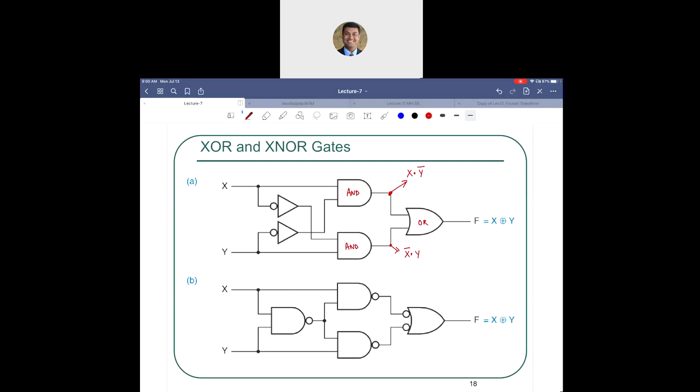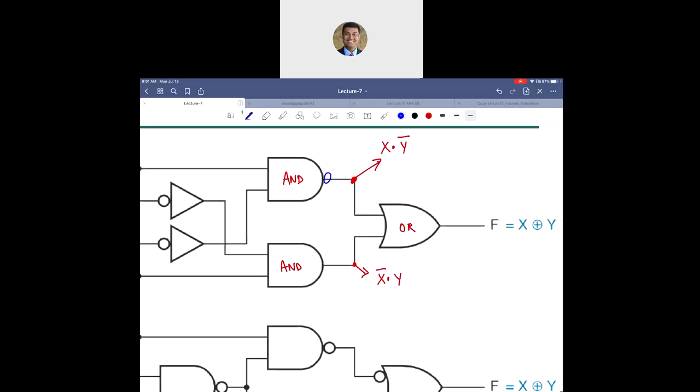Now if I start adding bubbles like we did to change things to NAND only, what did we do? We added a bubble there, we added a bubble there, we added a bubble there, we added a bubble there. So this guy became a two input NAND gate.